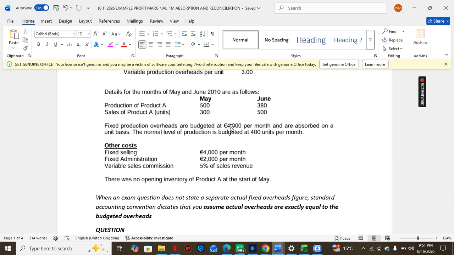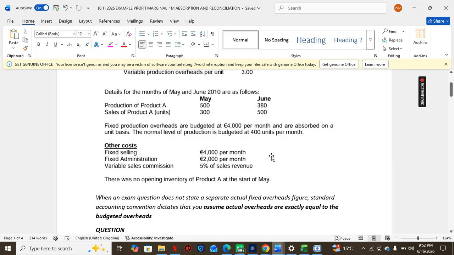I repeat: if they do not give an actual fixed overhead incurred, then the budgeted fixed production overhead is assumed to be the actual for that month.